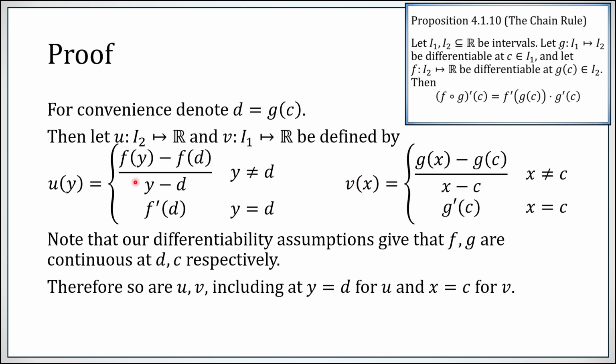The limit as y approaches d of u is given by the limit as y approaches d of this difference quotient, which is equal to the value of the derivative, which is the value of u of d. Similarly, the limit as x approaches c of v of x is the limit of this difference quotient, which is by definition this derivative, which is also equal to v of c. So u is continuous at d, v is continuous at c.